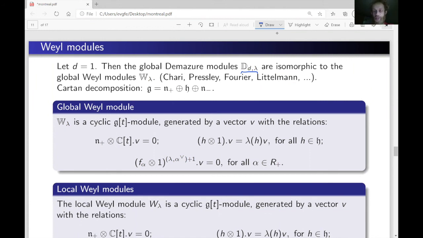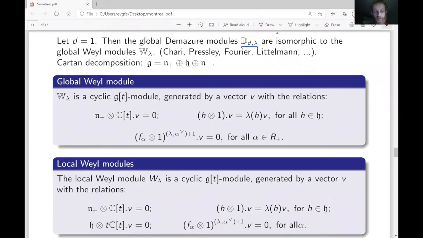So you consider the Cartan decomposition here. And then the global Weyl module W_λ is defined as a cyclic g[t]-module with the following relations.